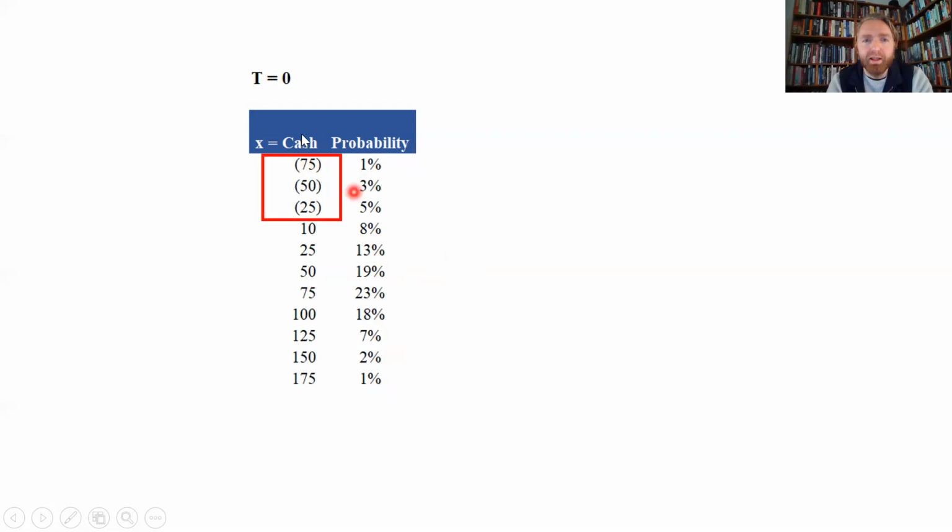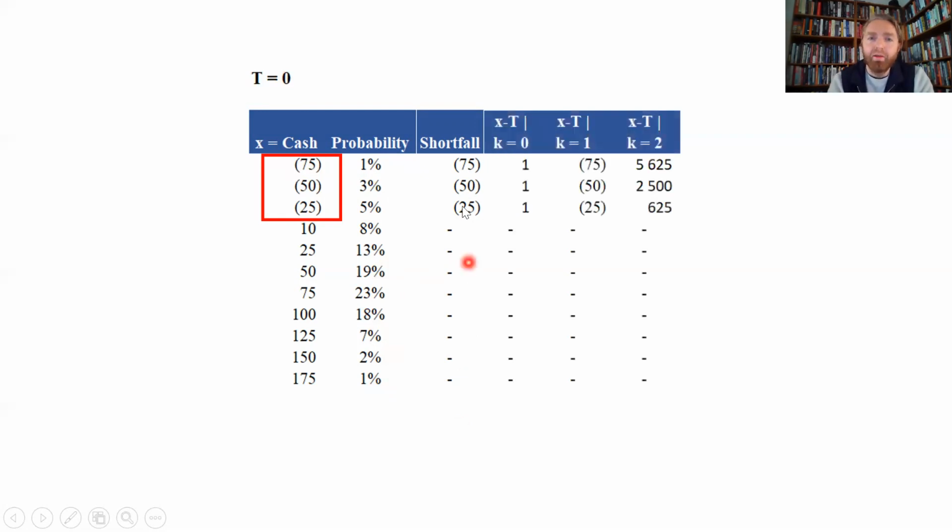We see here that if the threshold is 0, then we have 3 outcomes that go below 0. These will count towards risk because they represent shortfalls. Everything else is set to 0 because it's not meaningful from a risk point of view. We're fine. We're managing to meet the threshold. Then you have the shortfall, and the question is, to what extent are you going to penalize it? So we set 3 different values for K here.